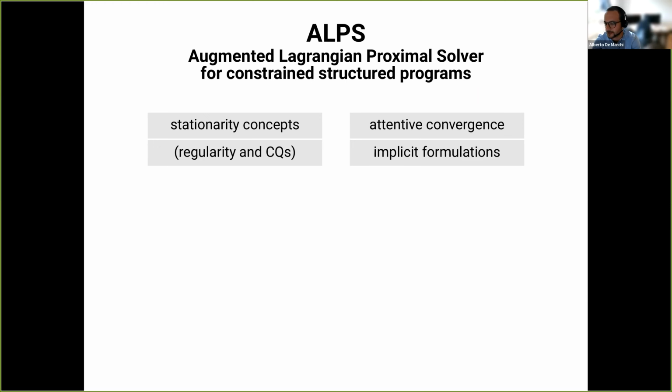And yeah, the importance of this attentive convergence was overlooked in the literature, and we pointed it out. We stressed it a lot, and also the importance of these implicit formulations for the problems, in particular, the benefit of avoiding slack variables.